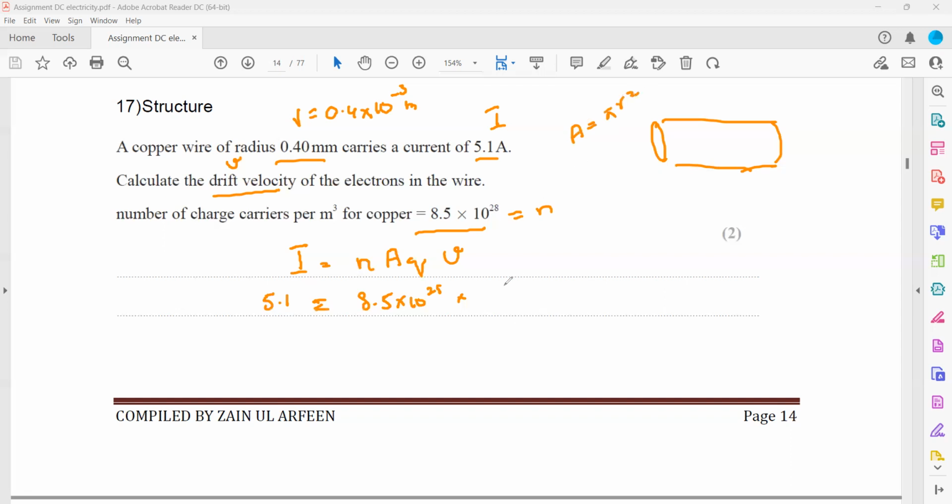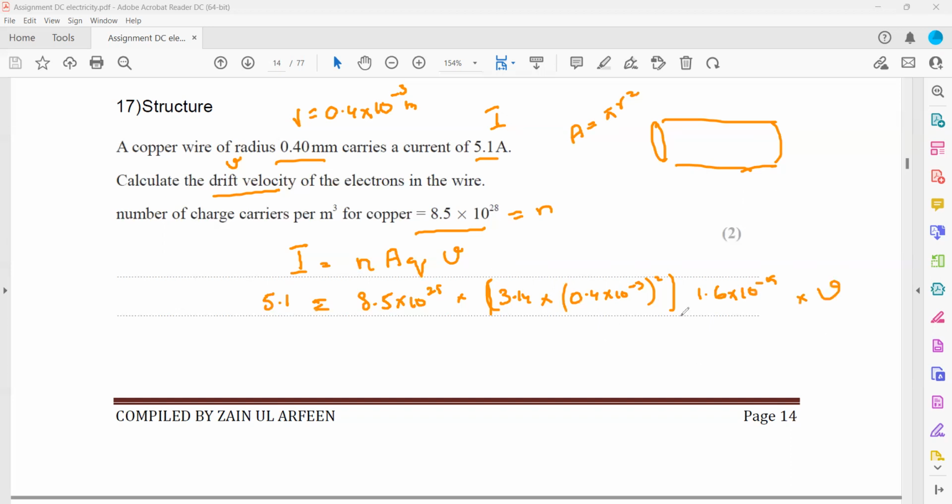So pi will be 3.14 and r, the radius, is 0.4 into 10 to the power minus 3, and then squared. Q is the charge of one electron, which is 1.6 into 10 to the power minus 19 coulomb, and v is the drift speed, which we are finding.